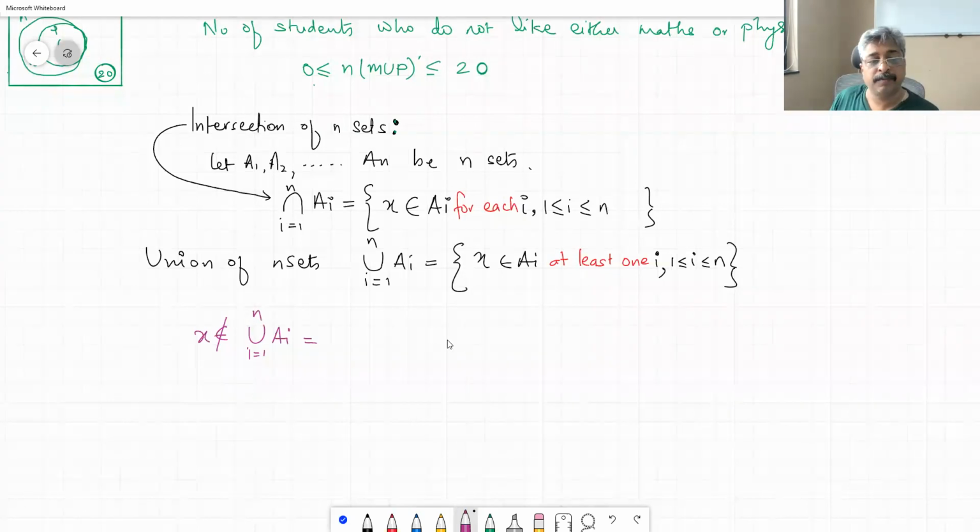Think about it. And meaning of x does not belong to intersection i goes from 1 to n Ai.